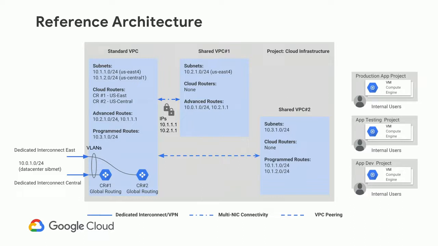So now I want to be able to route traffic back and forth. I talked about advanced routes. So let's take the shared VPC number 1. In this case, I want to be able to route traffic from the shared VPC number 1 back to the standard VPC, okay? So I'm putting an advanced route in there for 10.0.1, which is really the subnet in the data center, right?